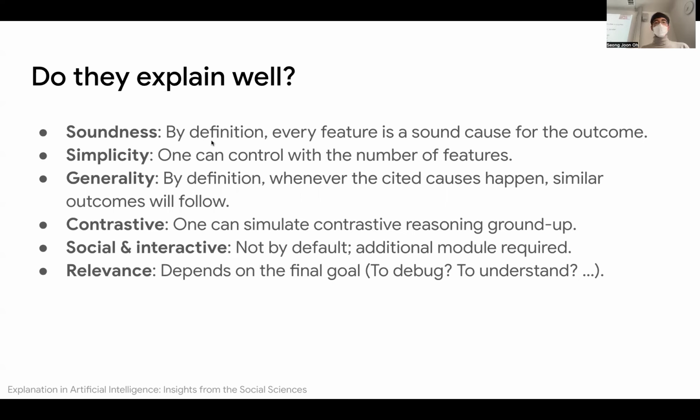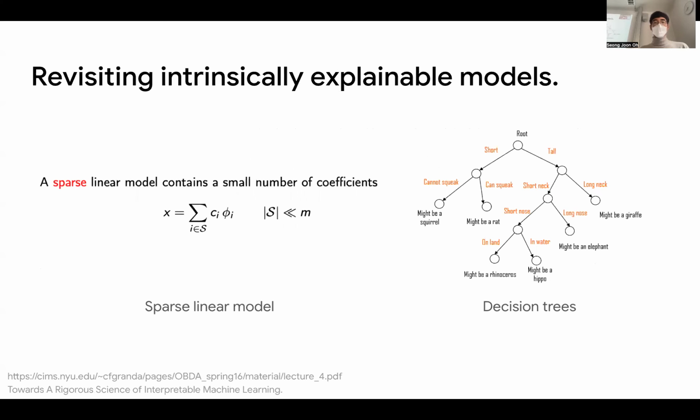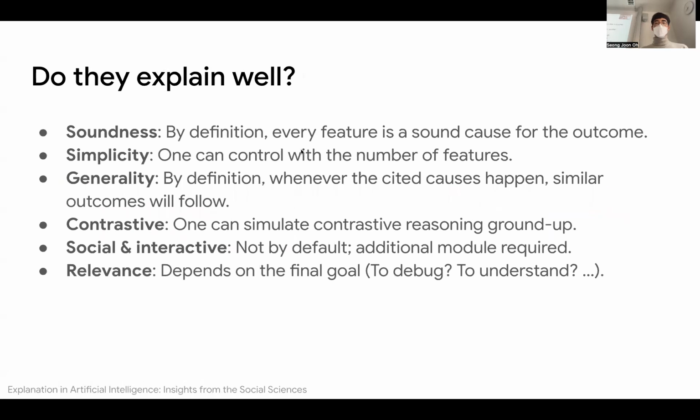And the answer here is, by definition, yes, every feature is a sound cause for the outcome. For example, every feature phi_i is actually contributing to the prediction of x, by contributing the c_i phi_i factor to the summation. So sparse linear is actually contributing according to the feature importance.